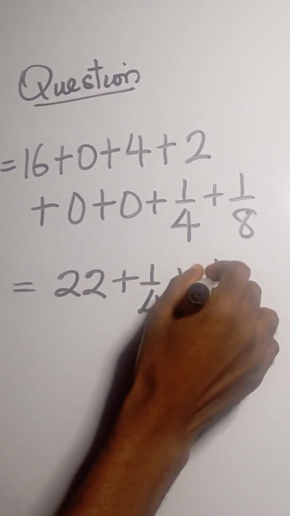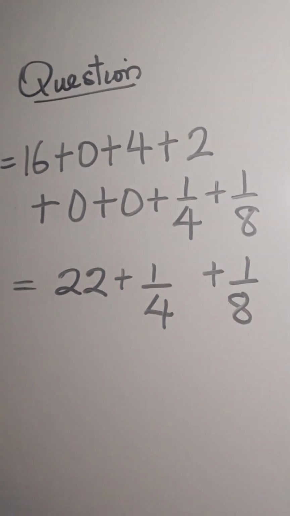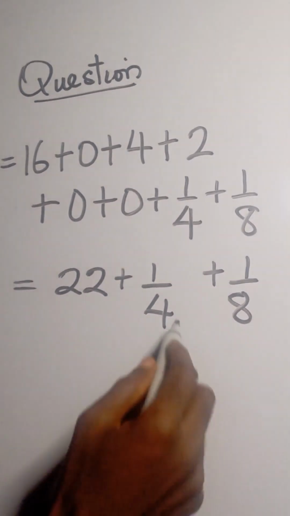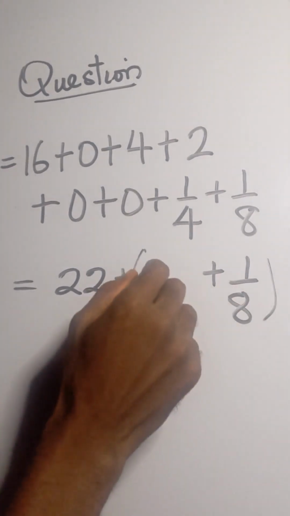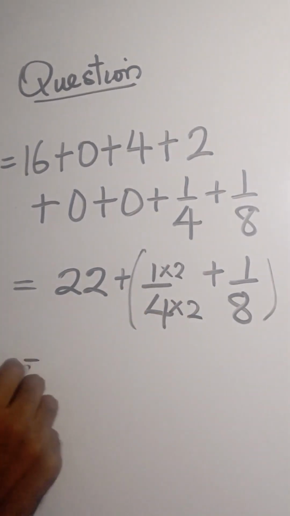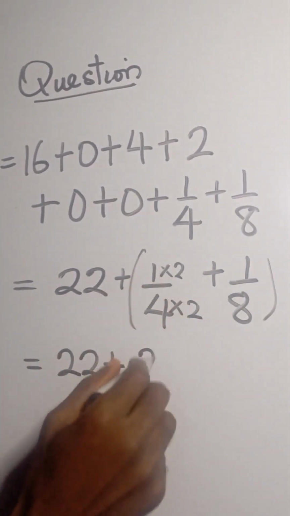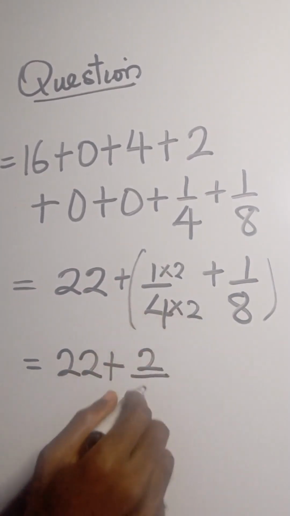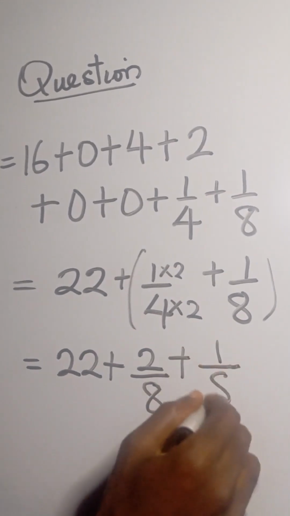Now we are going to solve the fraction. I can see that we can make this an equal denominator. If I multiply this by 2, I have 22 plus 1 times 2 is 2 over 4 times 2, which is 8, plus 1 over 8.